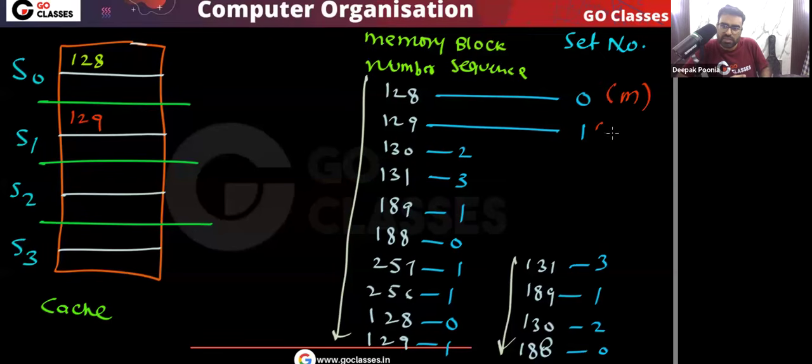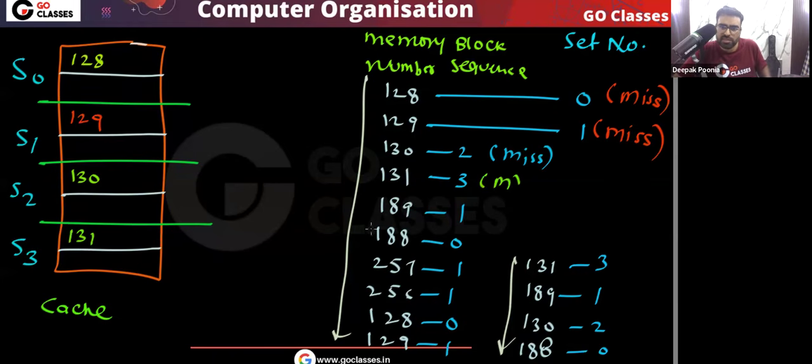Yes, this is a miss, and this is also a miss. Next, block number 130 will map to set number 2. Here I can put it. This is also a miss. 131 will map to set number 3, so I will put 131 here. Yes, this is a miss.